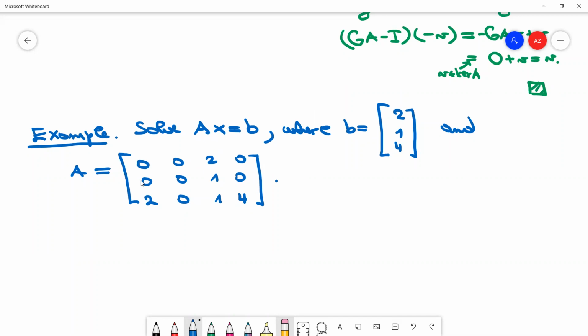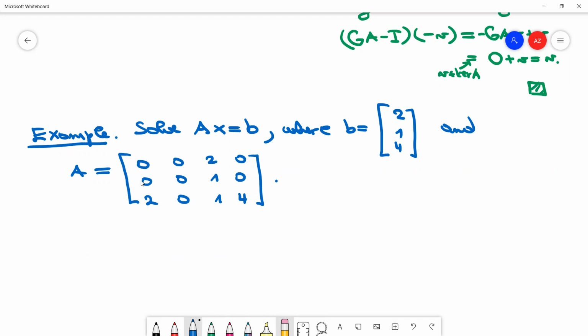We could also try to compute GB and check that AGB is really equal to B. And if AGB is not equal to B, then we know that this system is not solvable, because if it was solvable, then one of the solutions would be GB. So one way is just to calculate GB and to check that AGB is really B. This also implies that the system is solvable.